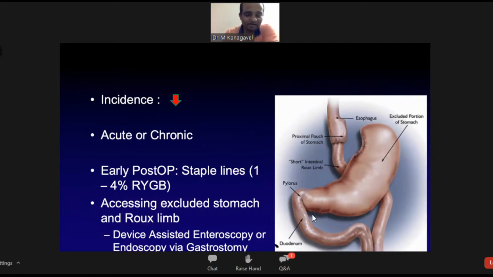However, a bleed after surgery is one of the major complications, and it can be acute or chronic. Early post-operative bleed is usually due to staple line bleed, and it's very difficult sometimes to access excluded segments of intestine like the stomach and the roux limb, and we may require device-assisted endoscopy or endoscopy through the gastrostomy.